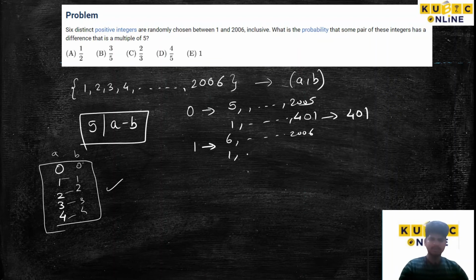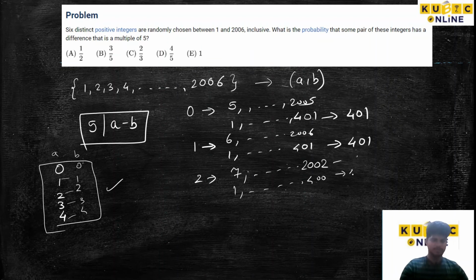So this is also 1 to 401, which is 401 numbers. For 2 now it will be what? 7. From 7 it will be till 2001 only. Sorry, till 2002. So these are how many numbers? From 1 to 400. So these will be 400 numbers.